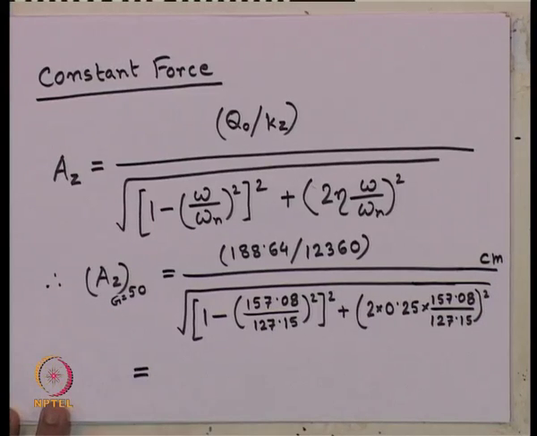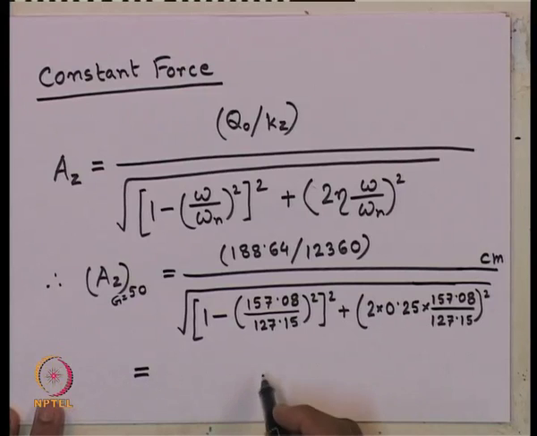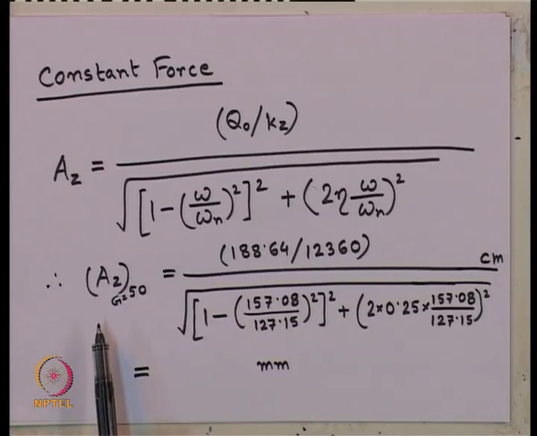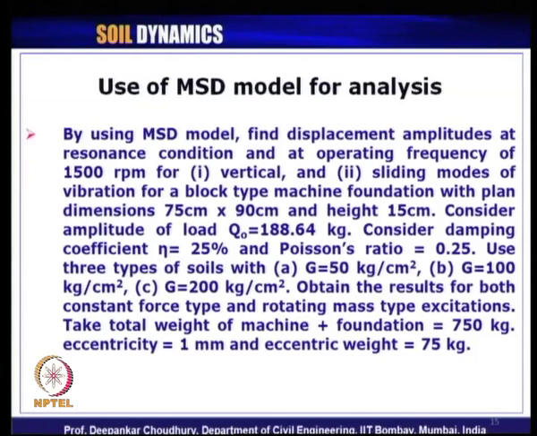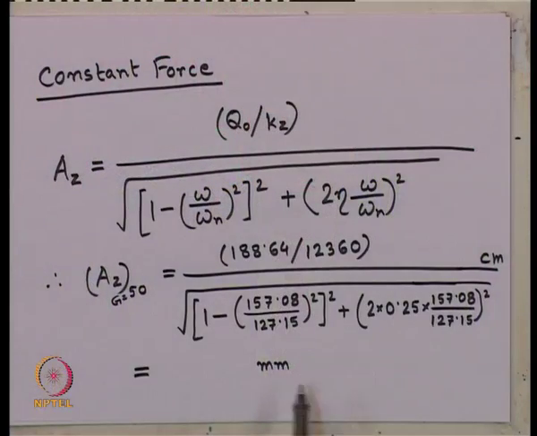Let us calculate this and find it in millimeter, because finally we have to check against millimeter. Remember, this displacement we are obtaining is at operating frequency. Two cases we need to check: one at operating frequency, another at resonance. In this case we are calculating at operating frequency.